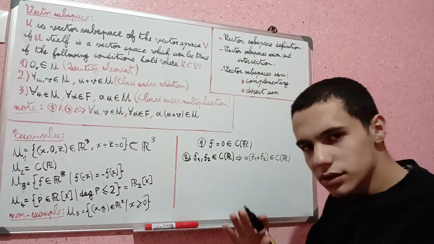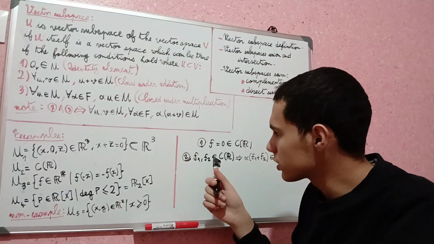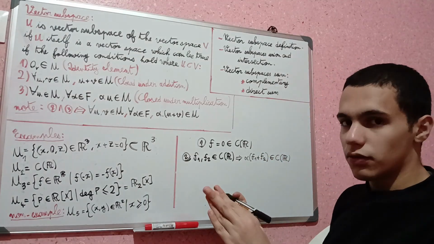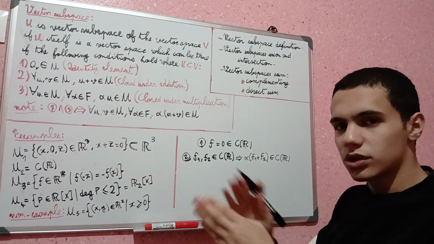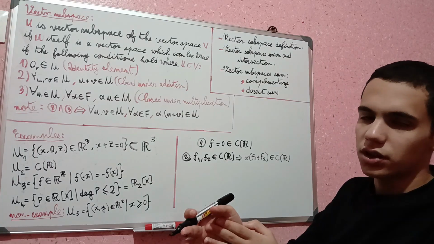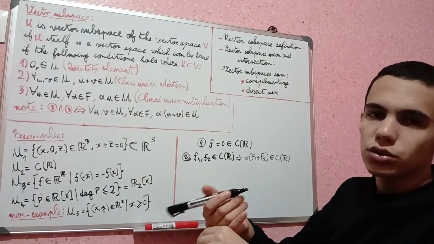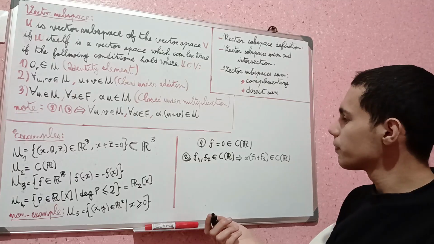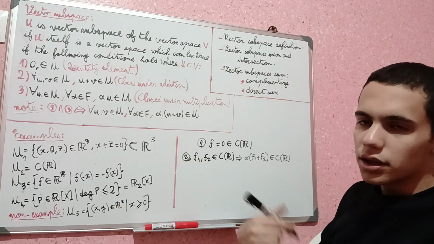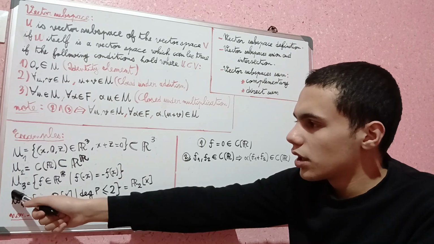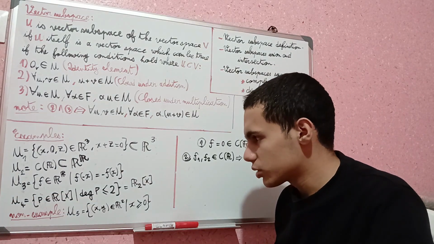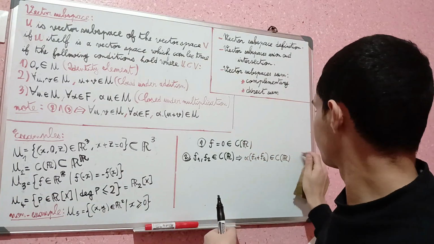In analysis you study that a continuous function plus a continuous function gives a continuous function. When you multiply it with a real number, it also gives a continuous function. And u3 is about odd functions.